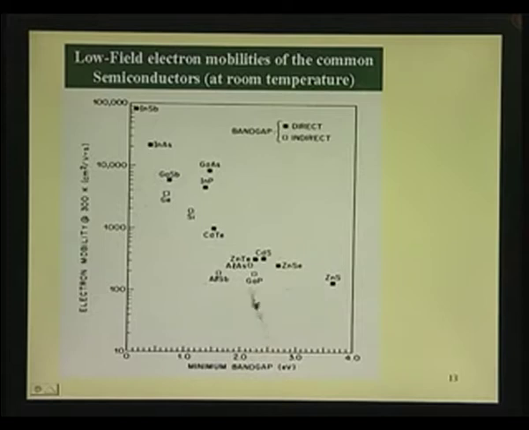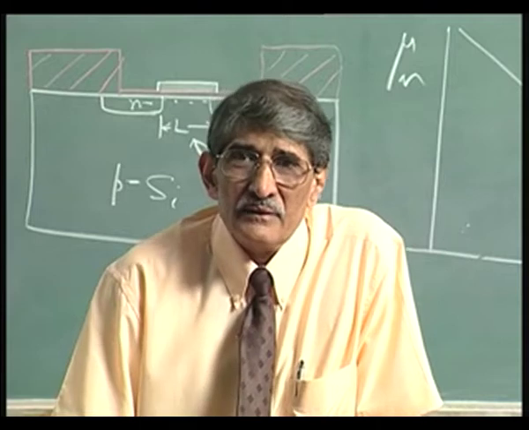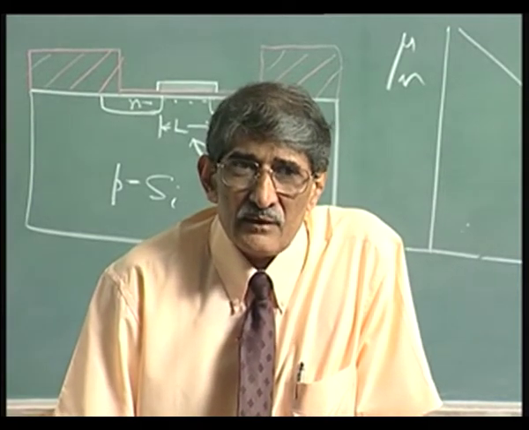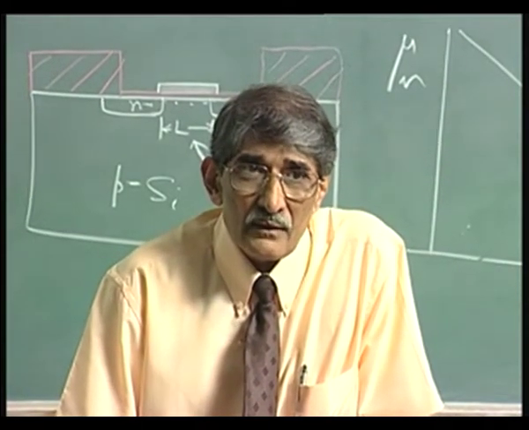Indium phosphide, okay, that has mobility slightly smaller than that of gallium arsenide, about 4500 electron mobility. Band gap is higher than that of silicon. So, to give you the numbers, gallium arsenide band gap is 1.43 electron volts, mobility is 8500 centimeter square per volt second.